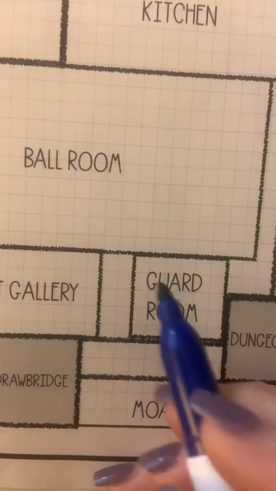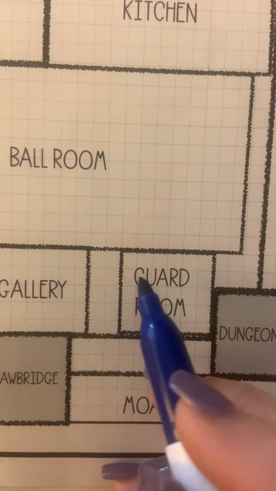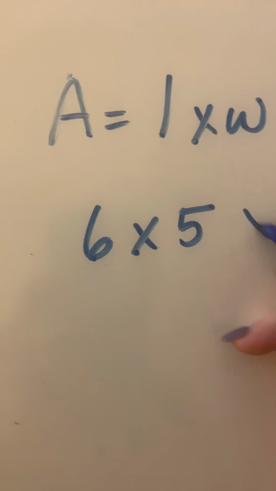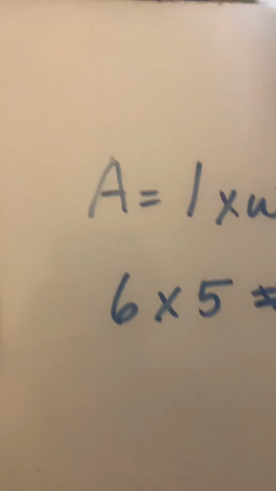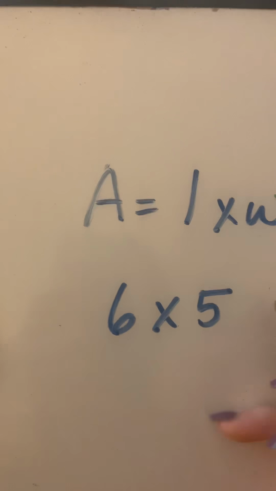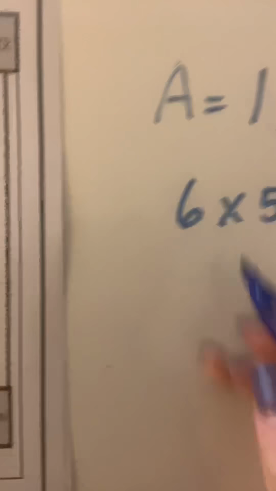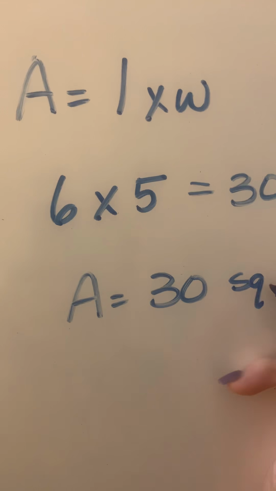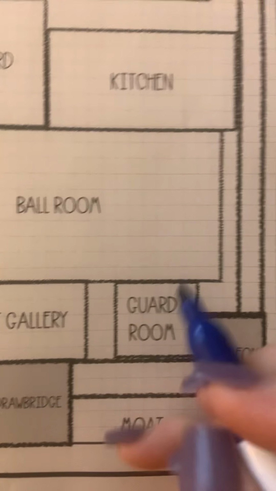So I have 5 rows with 6 in each row. So, since 6 times 5 equals 30, the area equals 30 square units. And I could always go back and check that.